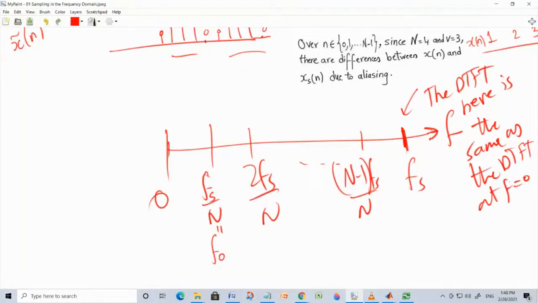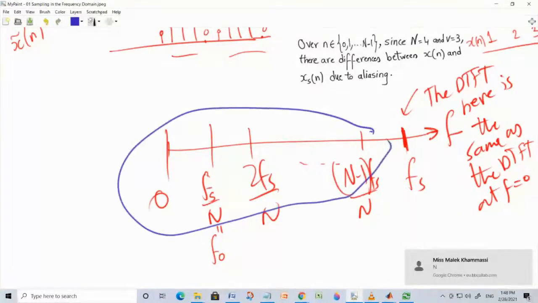So effectively, when you sample the DTFT and you use fs over n, how many samples do you really need to compute and store and transmit and so on, if needed? Just those guys, exactly. And this is the magical number, n.